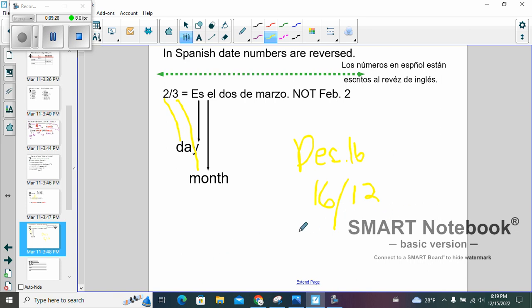So just keep that in mind, that the day first and then the month in Spanish.